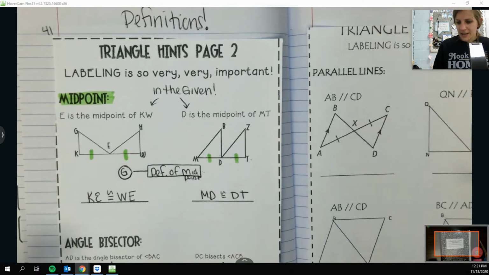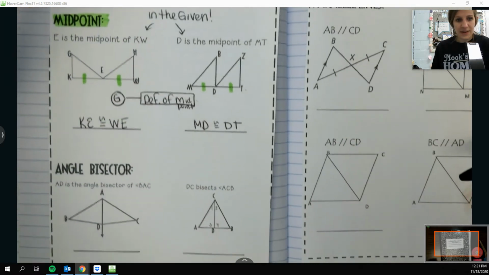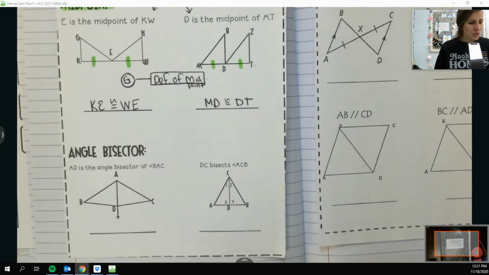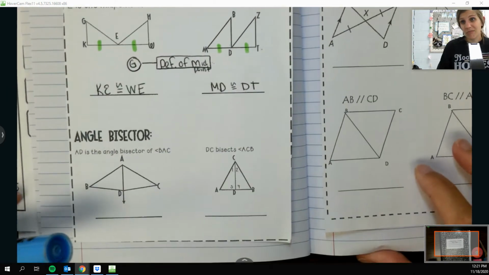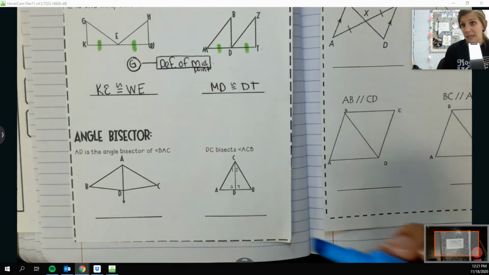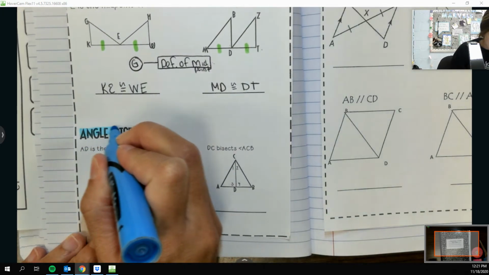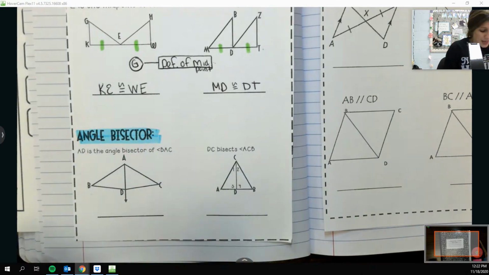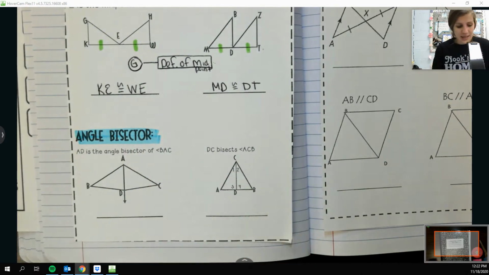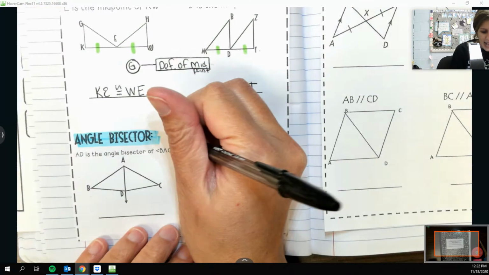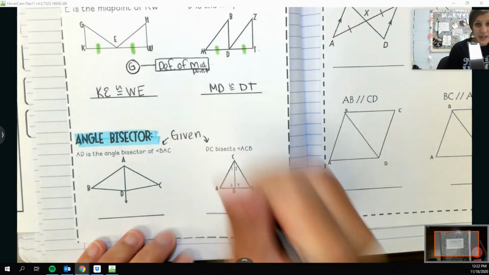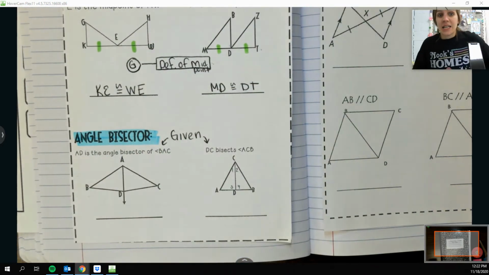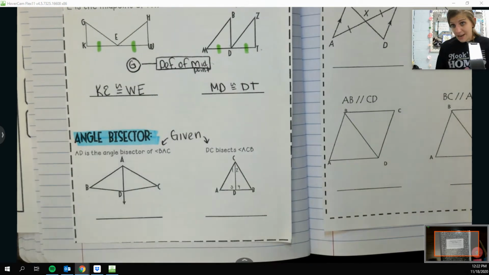Now, another definition that we talked about was an angle bisector. Actually, we talked about segment bisectors too, which we're going to maybe add in the middle here. So an angle bisector is something that we could look for, but again, it has to be in the given. It has to be written out specifically for you that the angle was bisected.